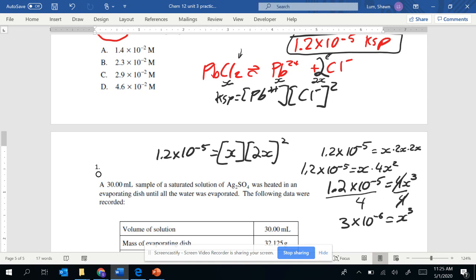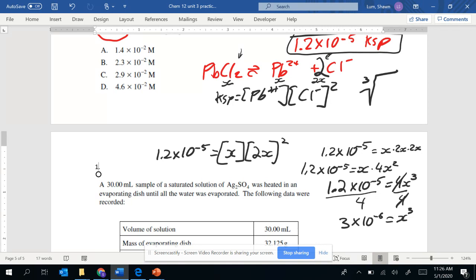Okay. So now I need to take the cube root of this. Most scientific calculators will have a button that looks like this, and you can push that button to take the cube root of both sides. If yours doesn't have that, you can also do to the power of 1 over 3. That's the same as taking the cube root.